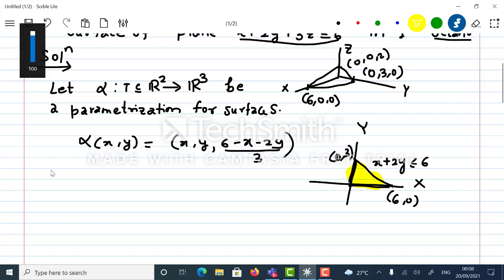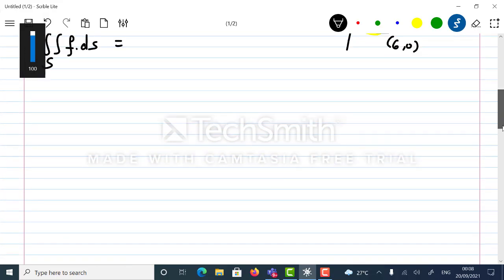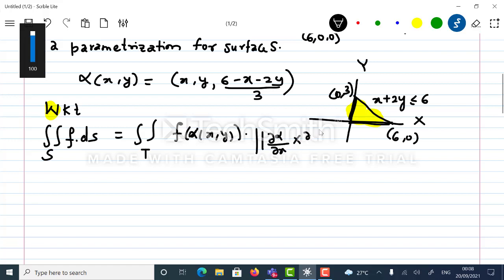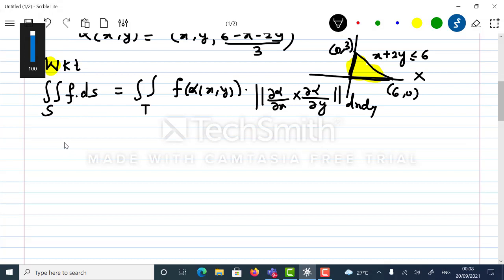So we know that surface integral of f dot dS over S is equal to, since it is a scalar field, because f of x comma y comma z is equal to x square, double integral over T of f of alpha of x comma y into norm of dou alpha by dou x cross dou alpha by dou y, norm complete, dx dy. Okay, so let's find out dou alpha by dou x.